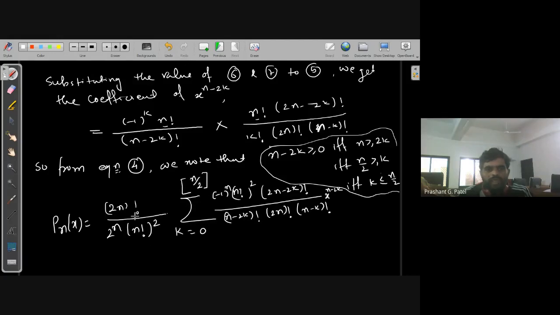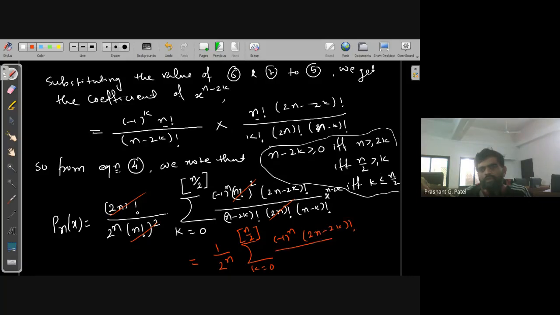You just observe this n factorial will get cancelled and this 2n factorial is also get cancelled. So finally what we have, it is 1 upon 2n factorial, k running from 0 to box n minus 2, minus 1 raised to n into 2n minus 2k factorial upon k factorial. Oh, this k factorial I have left. No, that I forgot. So here k factorial is also there.